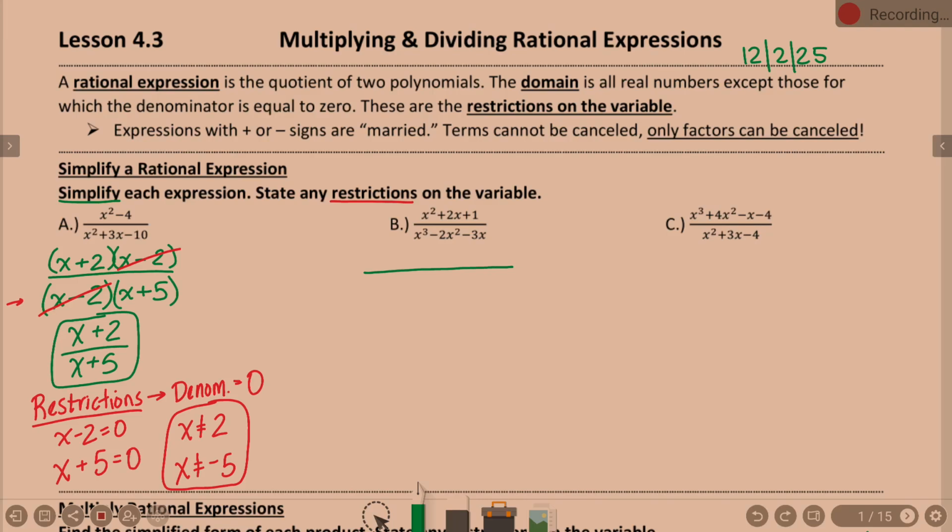What about the numerator? X squared plus 2x plus 1. What do you recognize? GCF. Oh, the top one. Hold the GCF thought. What about the numerator though? X squared plus 2x plus 1, does it look like it could probably go into 2 parentheses?